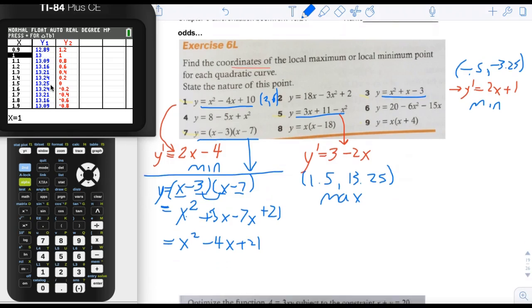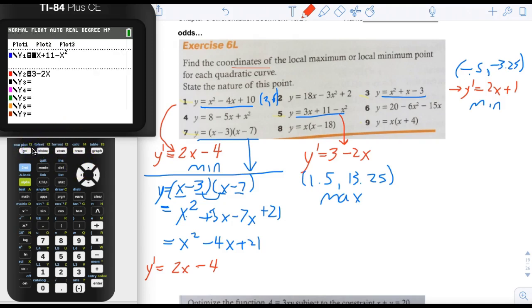Now I want to find the red function by taking the derivative of it. That'll give me 2x. So the derivative will be 2x minus 4, because the derivative of x squared is 2x, and the derivative of negative 4x is negative 4. So now I can put these two functions in here.